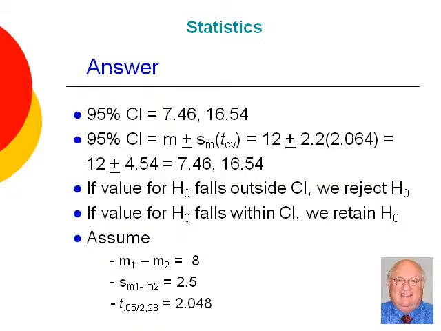Thus 12 plus or minus 2.2 times 2.064, which is 12 plus or minus 4.54, resulting in a confidence interval ranging from 7.46 to 16.54. We would interpret this by saying that we were 95% confident that this was an interval likely to contain the mean of depressed individuals who received treatment.